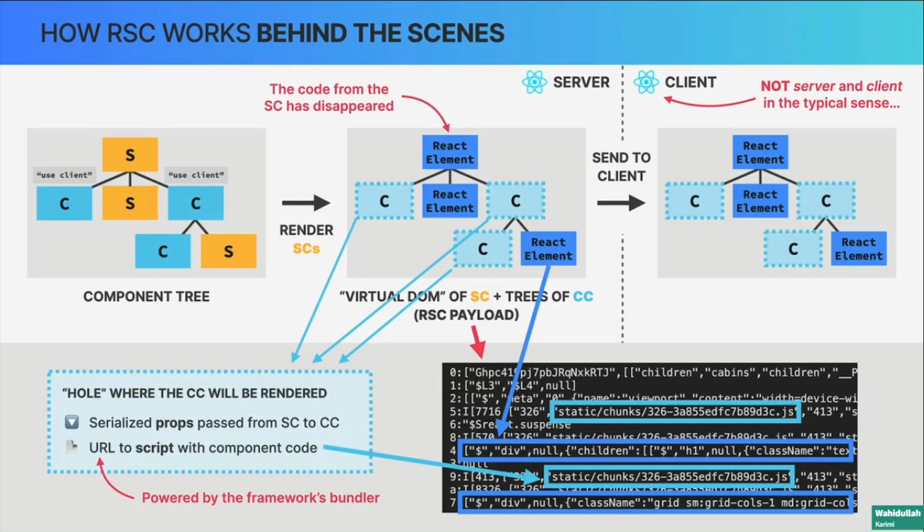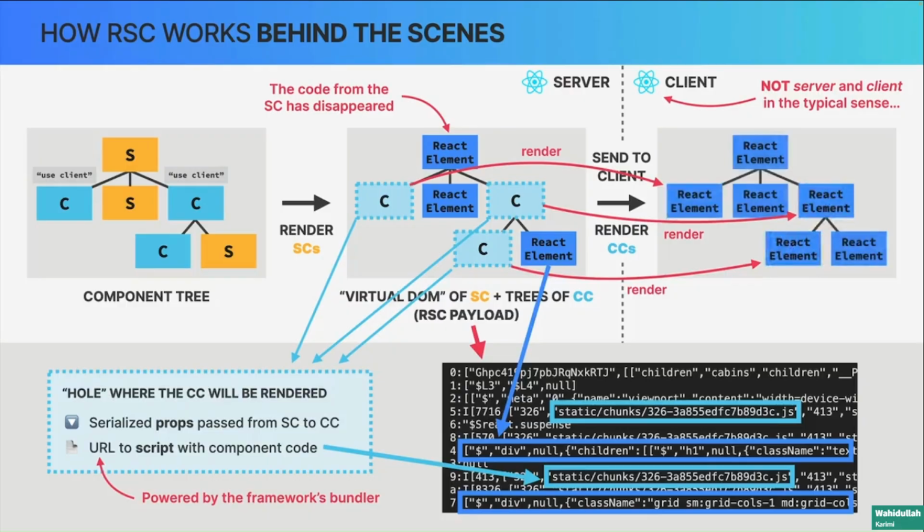But now, moving on to the next step and to the client, this is where the client components are finally rendered as well, also resulting in new React elements. And with this, we now have the complete final virtual DOM on the client ready to be committed to the DOM in the usual way that we already know of.